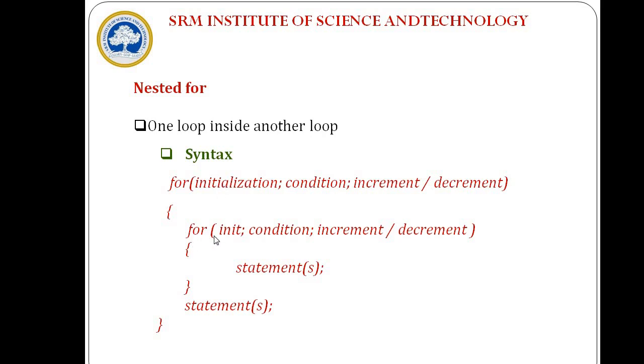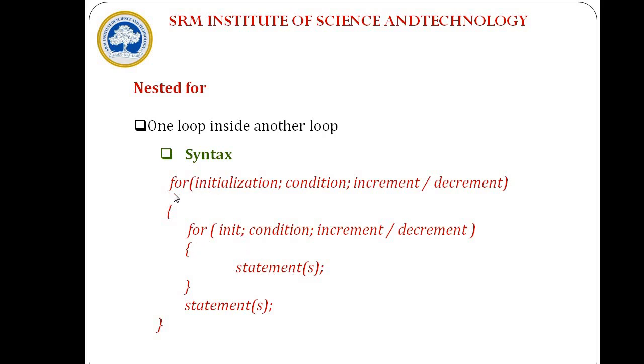Inside this for loop you can find another for loop. Again, for this for loop you also have three expressions: expression 1 is initialization, expression 2 is condition, expression 3 is either an increment or decrement operation. This for we call the inner for. Inside the inner for you can have one or more statements, which we call the body of the loop.